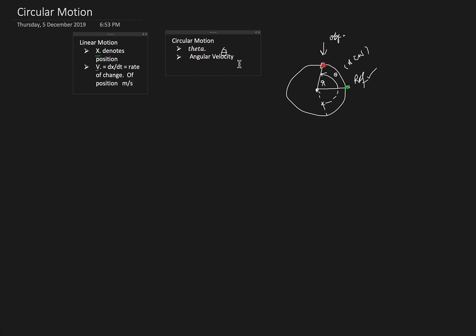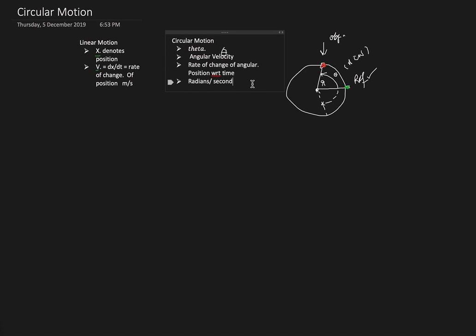Similarly, angular velocity will be defined as the rate of change of angular position with respect to time. And the units will be radians per second.